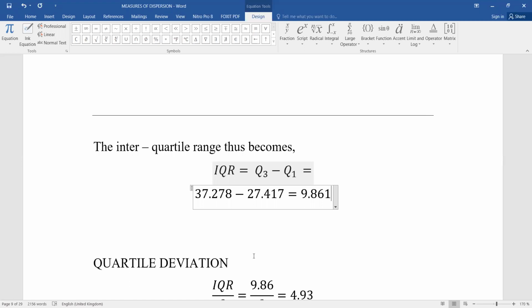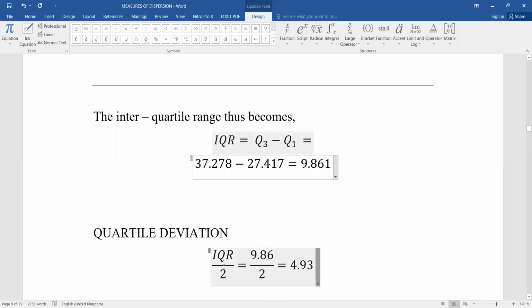But we are interested in the interquartile deviation, and that is gotten by dividing the interquartile range by 2. So you'll have 4.93, and we shall see how we can make conclusions with that value.